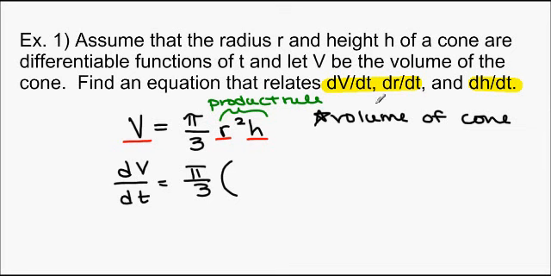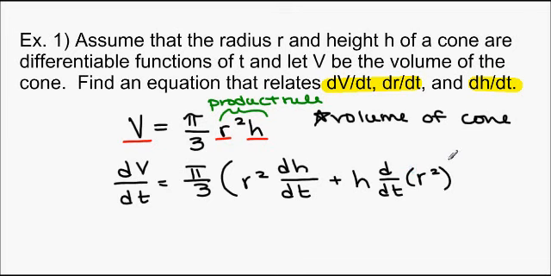So I know I'm going to have my first term times the derivative of the second, so the derivative of h with respect to t, plus my second term times the derivative of the first. So that's going to be the derivative with respect to t of r squared. dV/dt is already simplified.